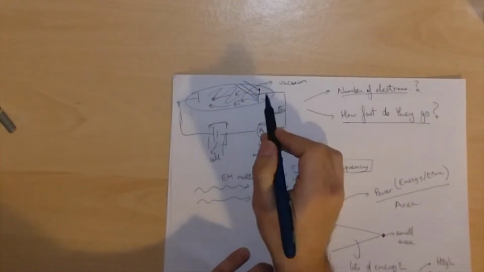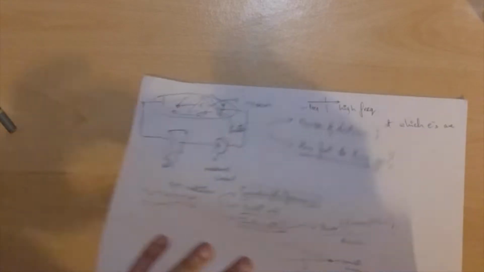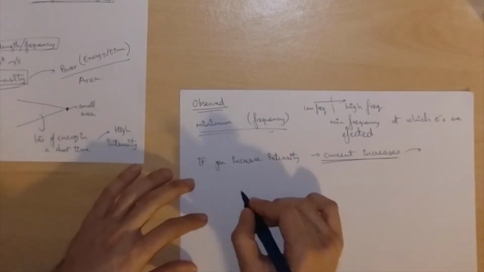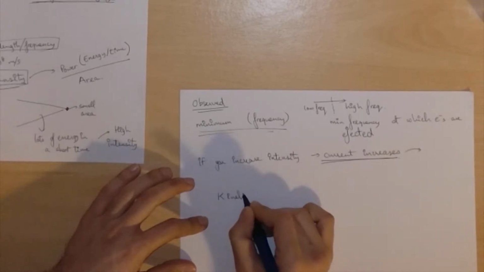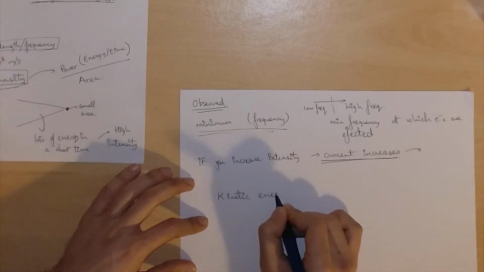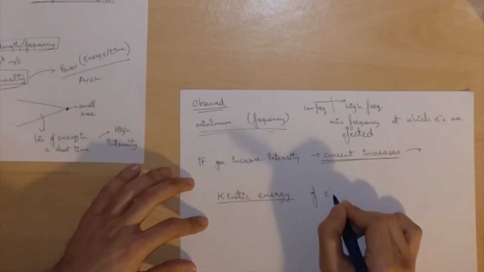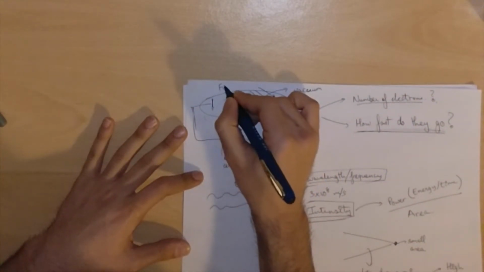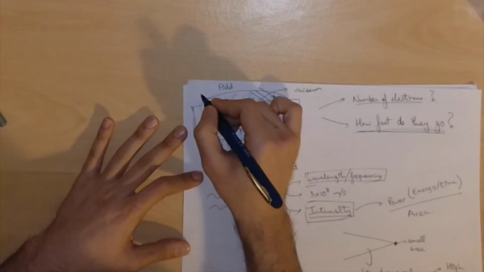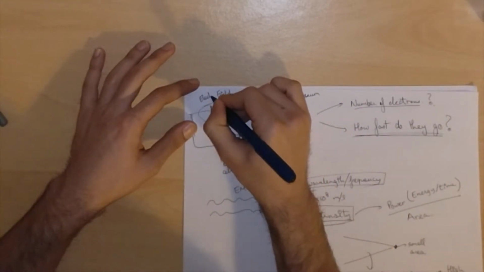More electrons being ejected, but that doesn't necessarily tell you how fast they go. So to understand the kinetic energy, which is an energy of motion, of how fast the electron is going, to measure this, they put this system in a field. So they set up an electric field, in this case.